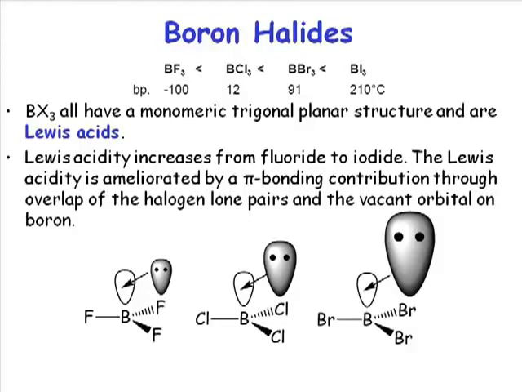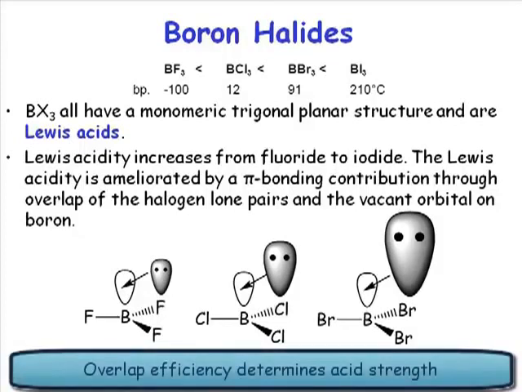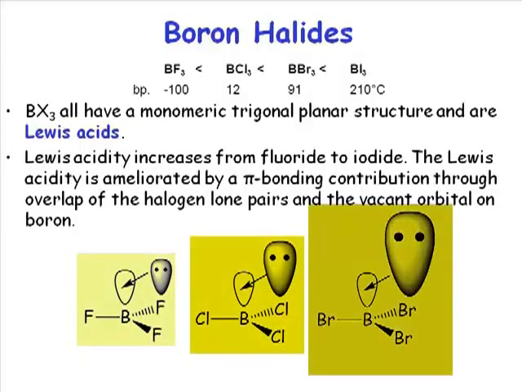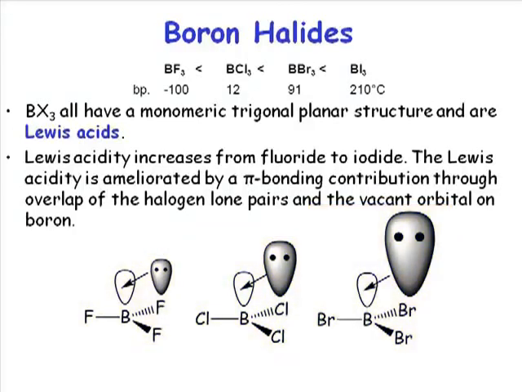So how strong a bonding interaction we get will depend on how efficient the overlap is between these orbitals. If we look, and I've drawn some trend-like scale here, these weren't drawn with any physical properties specifically in mind, but we can see that as we move from fluorine to chlorine to bromine, obviously those atoms are getting bigger, and therefore the size of their orbitals is getting larger.